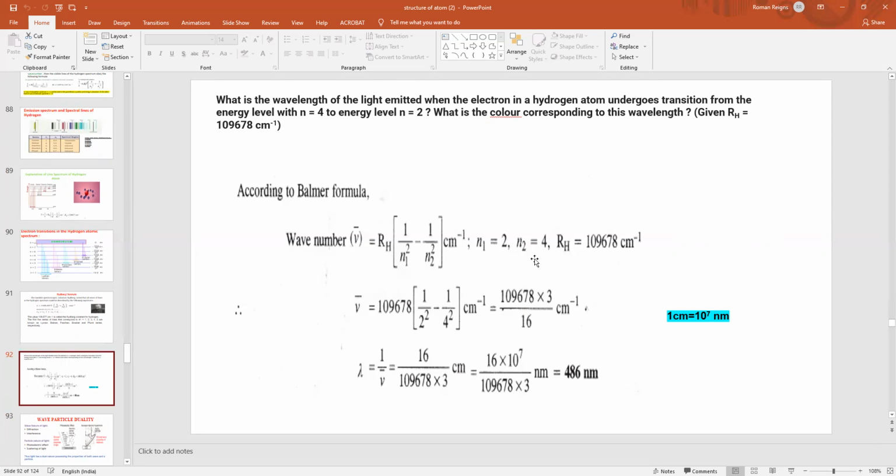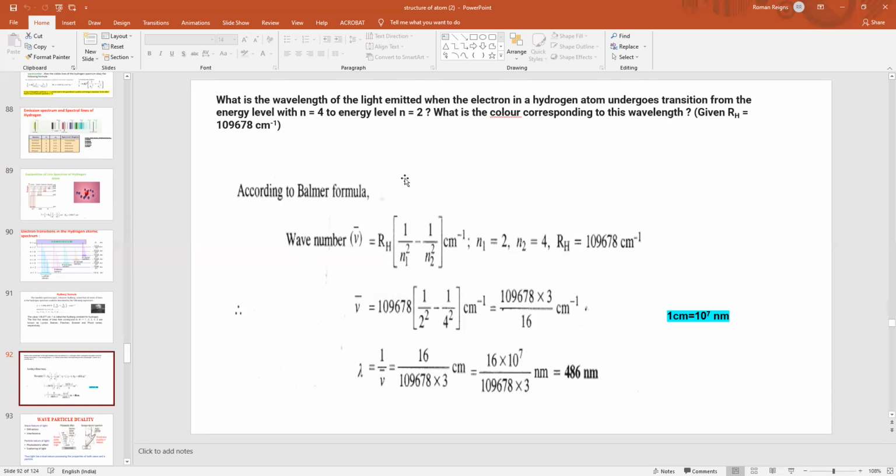And according to that, placing in the wave number formula, you can take the Rydberg constant value in centimeter inverse, or you can take it in meter inverse. Here I am taking it in centimeter inverse. Since it is emission spectra, the n initial value will be greater than n final, so n2 will be greater than n1.